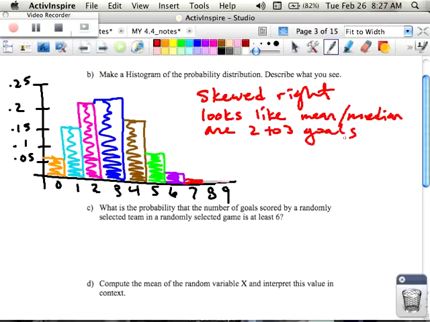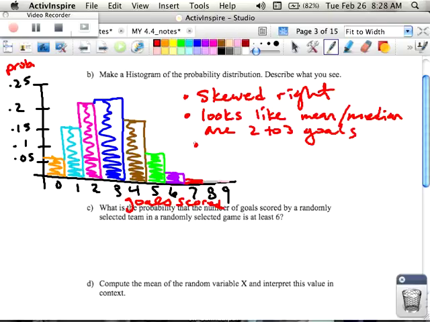By the way, I probably should label down here that these are the goals scored. And this was my probability off to the left. So remember, we want to label those axes. It looks also like skewed right.